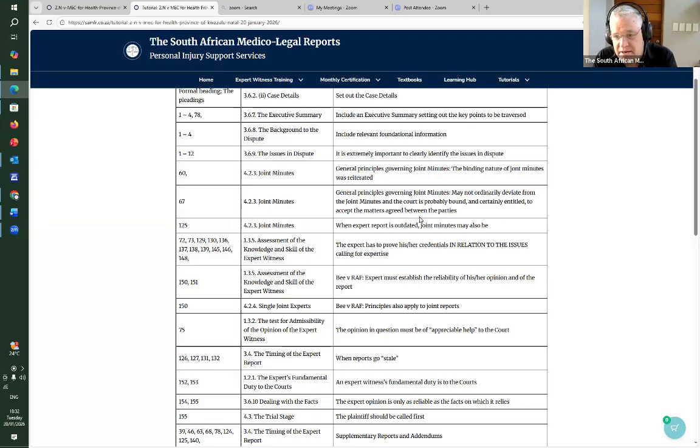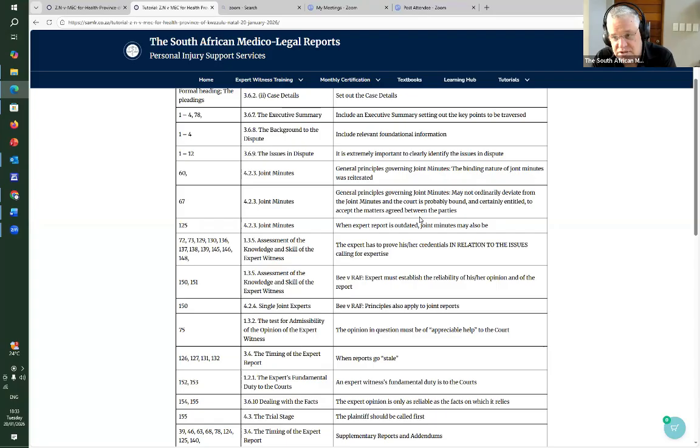It hasn't really been decided, but certainly the court is entitled to say, I'm not prepared to allow you to deviate from what's been agreed in those joint minutes. In other words, when joint minutes are concluded, it is not an exercise that should be lightly done or should be done without very close scrutiny of what exactly it is that is being agreed to in that joint minute.